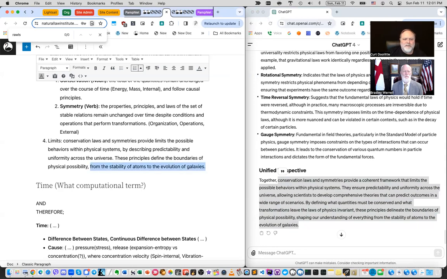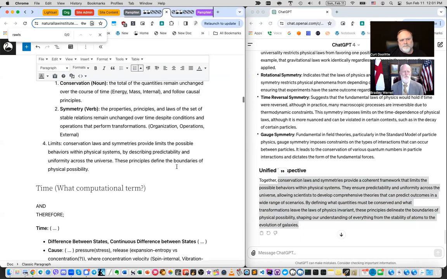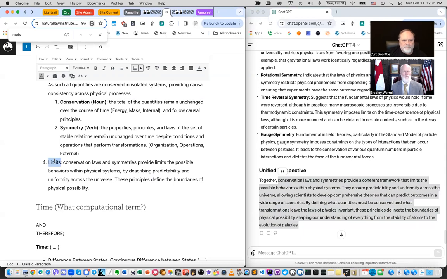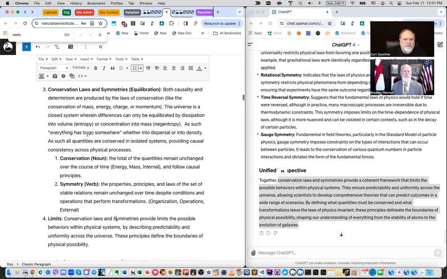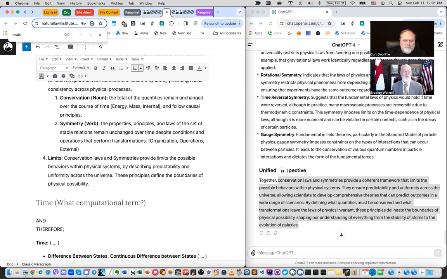Is that necessary? No. There's a universality to that. How do we say it? Conservation laws, okay. There's a universal applicability that somewhere needs to be mentioned, I think.